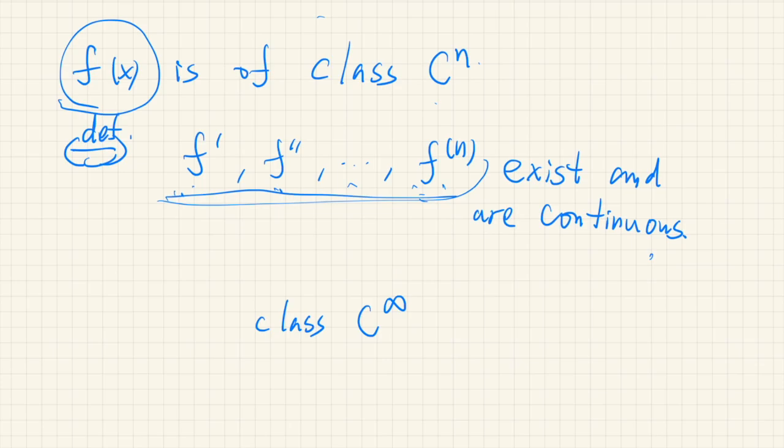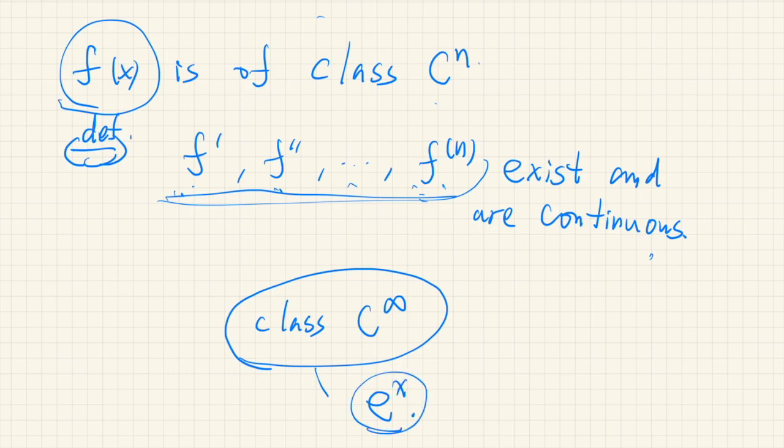So if that's the case, then the function is said to be of class C infinity. An example of a C infinity function is exponential of x. As we have seen, when differentiated, this function doesn't change, so we can differentiate it infinitely many times.